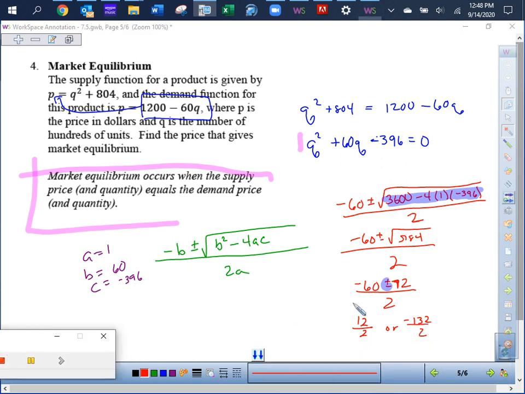Before I clean that up, do you understand where the 12 came from and where the negative 132 came from? Negative 60 plus 72 is 12. It's over 2. And negative 60 minus 72 is negative 132. These can definitely clean up to be 6 or negative 66.